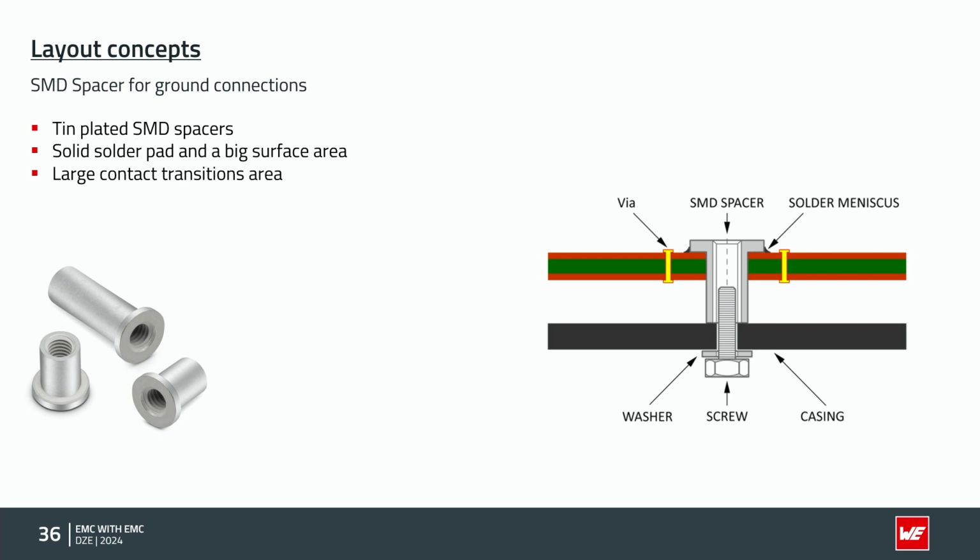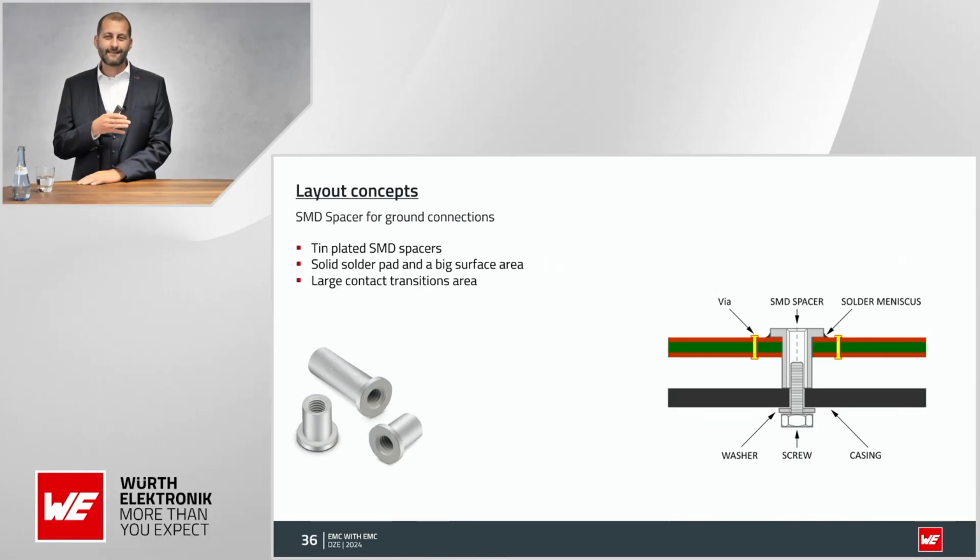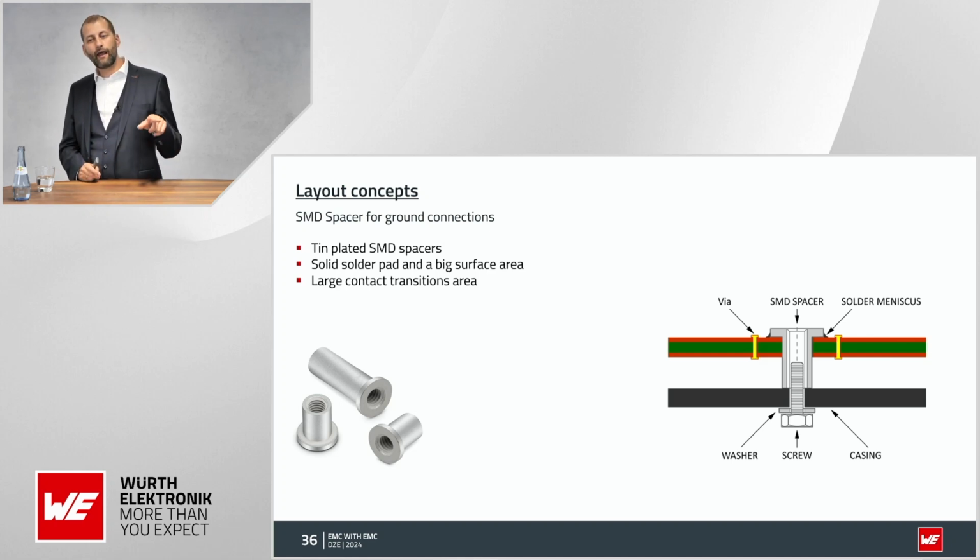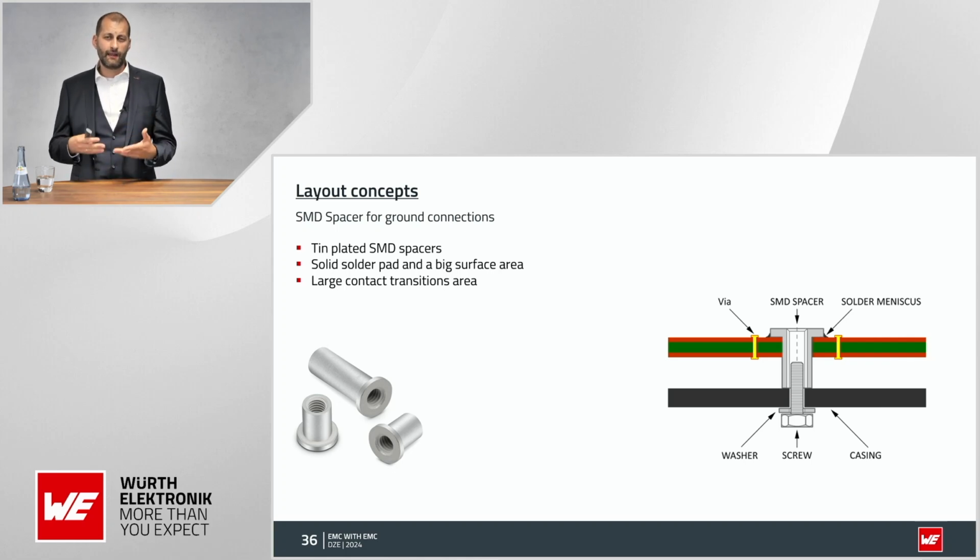Why is it now also a good low impedance connection? Because we had to plate it with tin. We wanted to solder it in the reflow oven, and therefore we needed a tin plating. Tin has not a lot of permeability. This means the impedance effect is really low compared to a classic mechanical spacer.